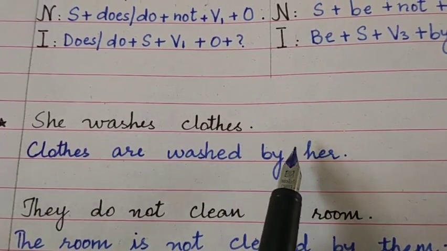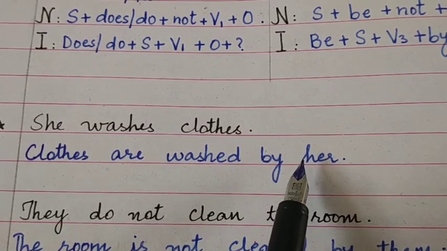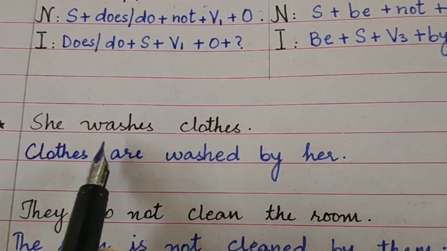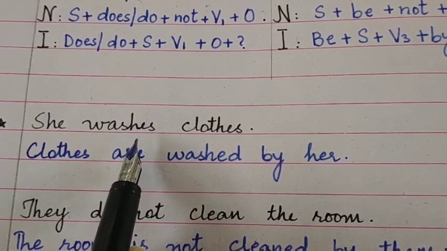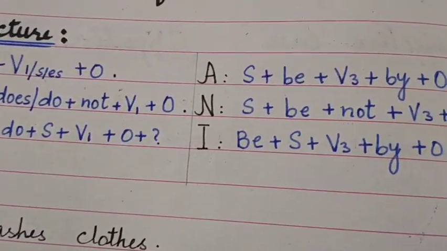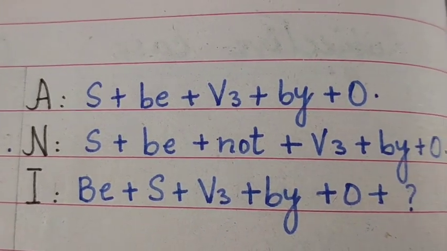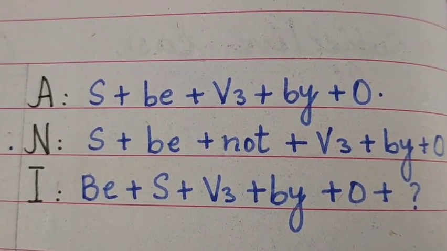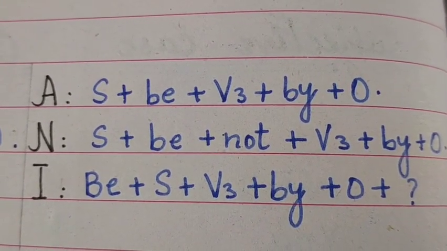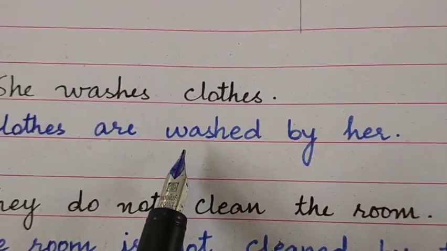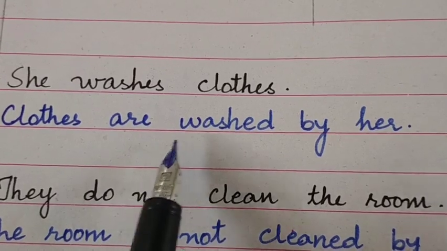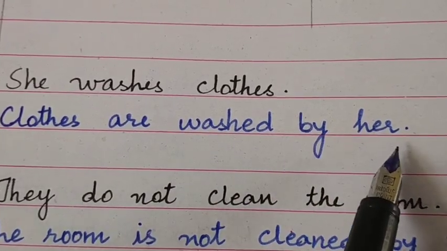So we will write her. ठीक है. Then washes is the present tense. It will be changed into be verb plus third form of verb. So clothes is a plural noun. So we will write are over here and then the third form of verb. This is the be verb and this is the third form of verb. Clothes are washed by her.